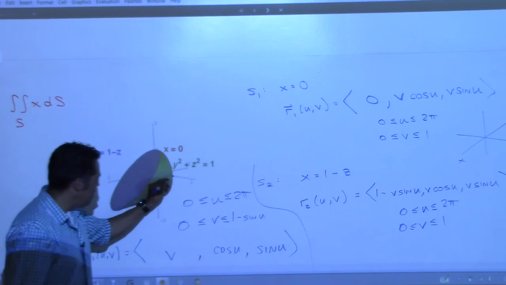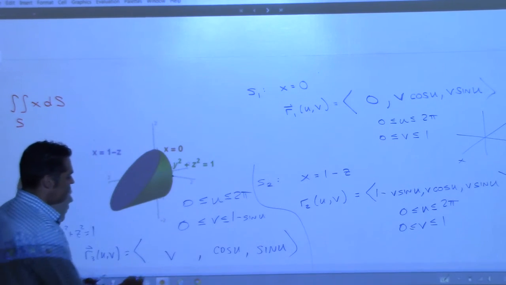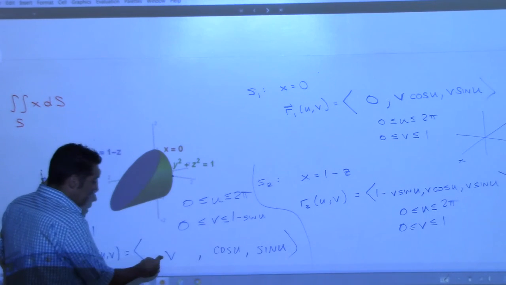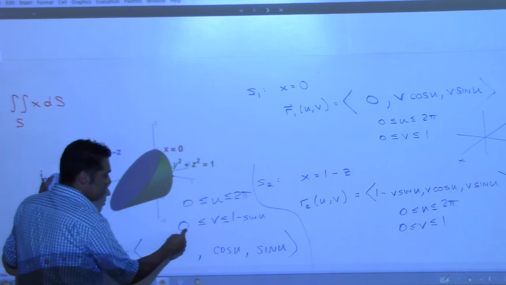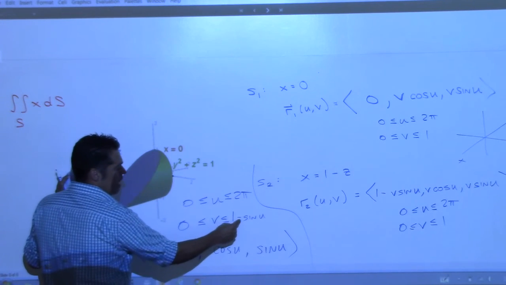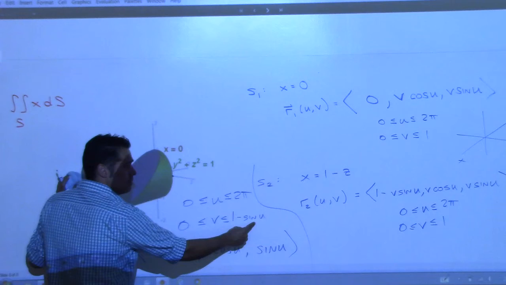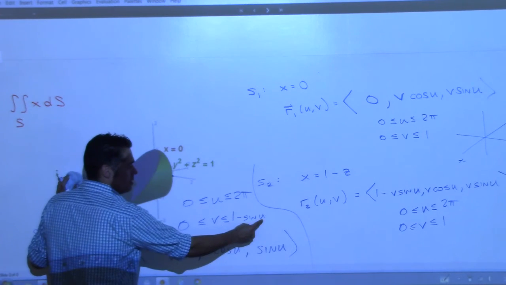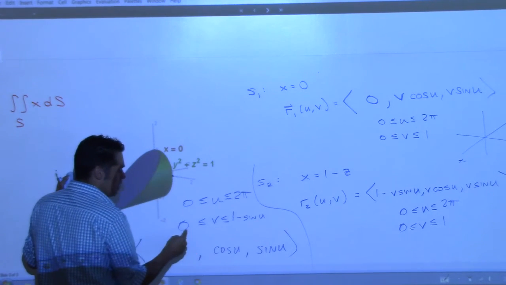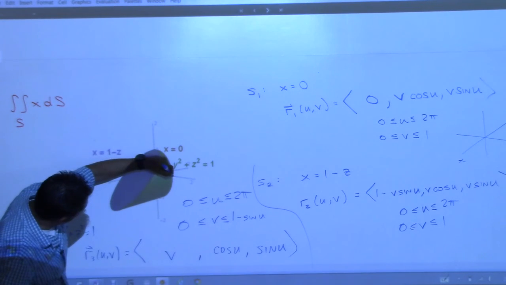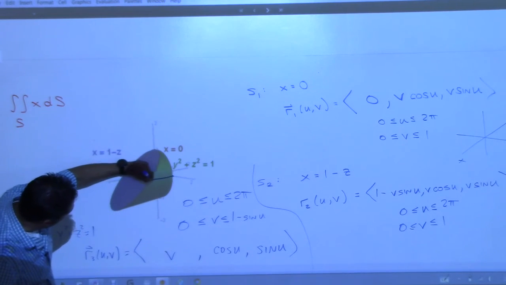Now I'd like you to let your x-coordinate be v. And v is stuck between 0 and 1 minus sine of u. What was u again? 0. So sine of 0 is 0. So I want to be stuck between 0 and 1. So now I'm going to draw from 0 out to 1, and draw that piece.